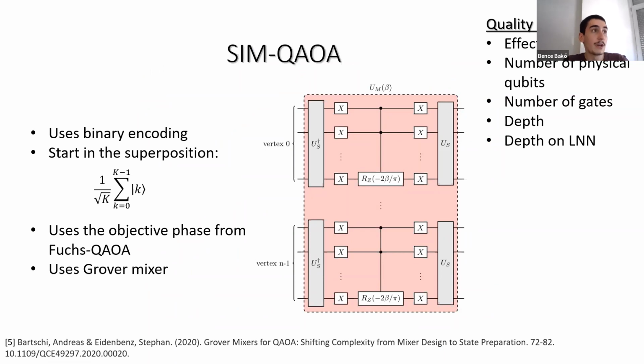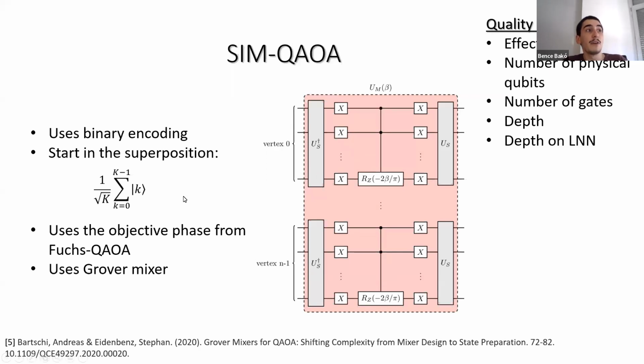And how we could do this was to start in the superposition of the first k numbers in binary representation. So for 3 colors, we would start in the superposition 00, 01, and 10.